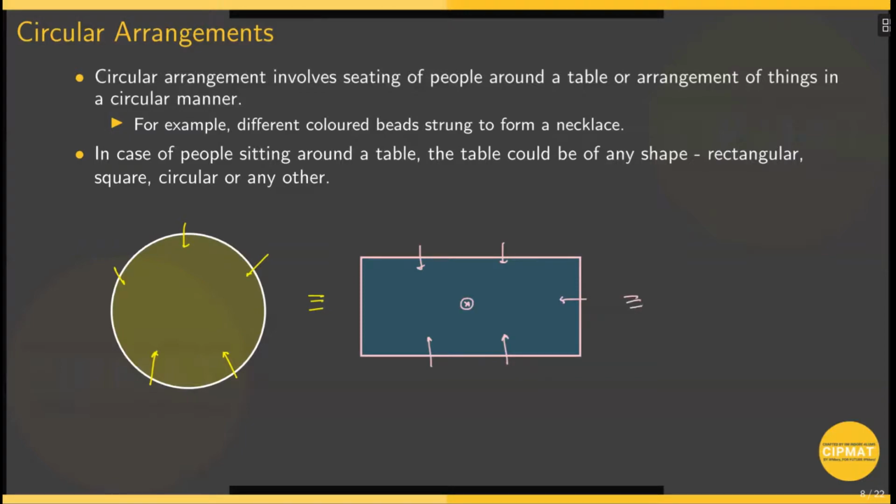And this is equivalent to, let's say, any polygon for that matter. For example, let me just draw a hexagon in this way, and let's say 5 people are sitting in this way, 1, 2, 3, 4, and 5. All of them are facing towards the center of the table. So all of them are equivalent to each other, and you can treat all of them as equivalent to each other.